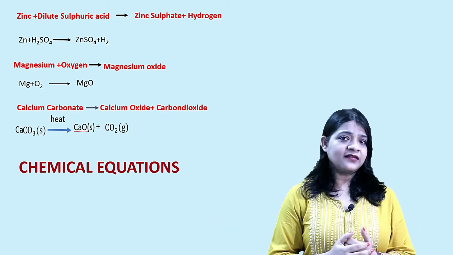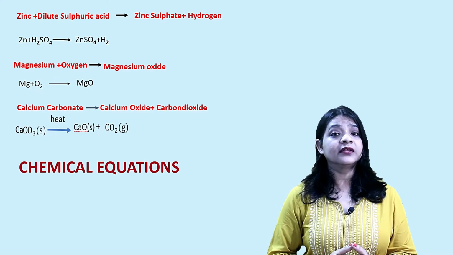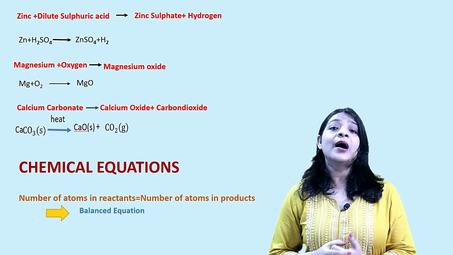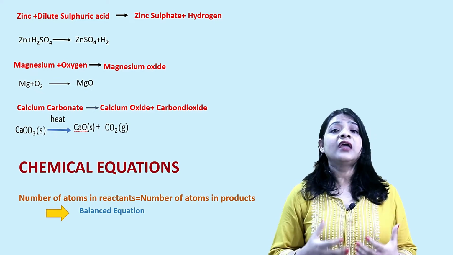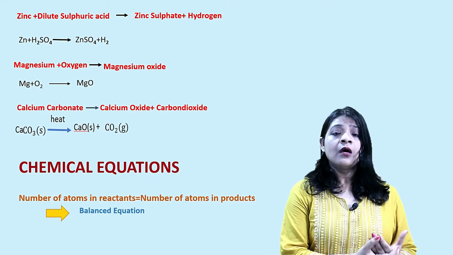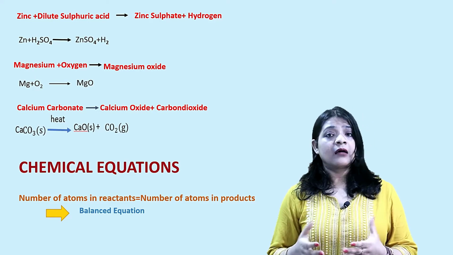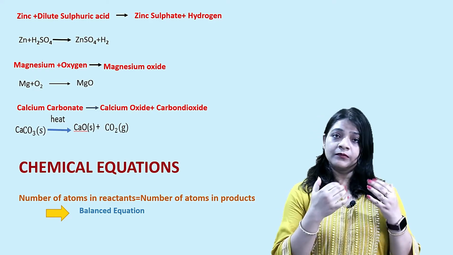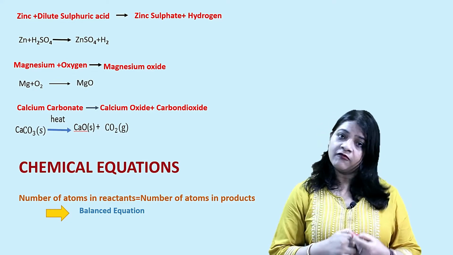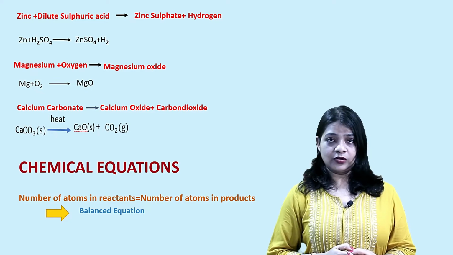This type of representation we call chemical equations. So a chemical equation is nothing but a symbolic way of representing reactants or products in the form of chemical formulas or symbols.